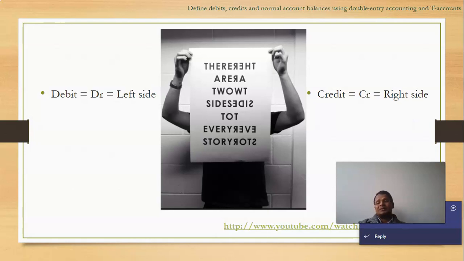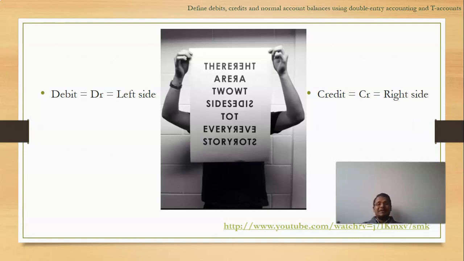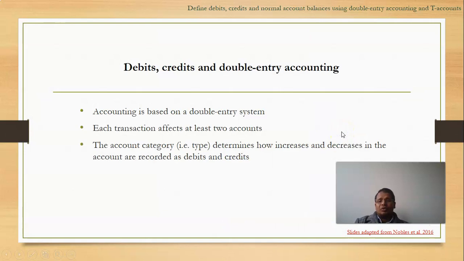As we said, there are two sides: the debit side and the credit side. In short, we write DR for the debit side, usually the left-hand column, and CR for the credit side, usually the credit column. You can look at the YouTube video for further details on debit and credit and the double entry accounting system.